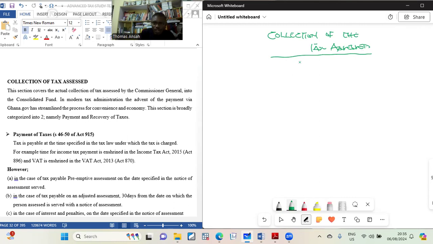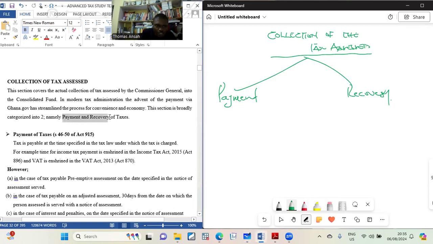Now here we look at two main ways, the two broad ways. So we are talking about payments, and we are also talking about recovery. So it's either you pay or the GRA takes steps to recover the money. All right. So those are the two broad sections that you can see here.